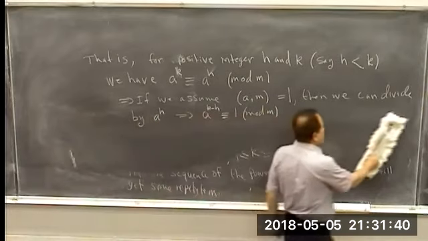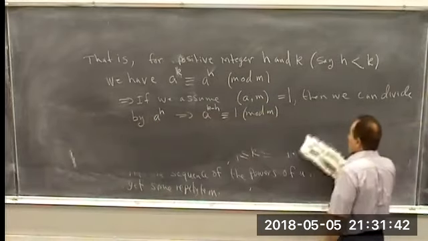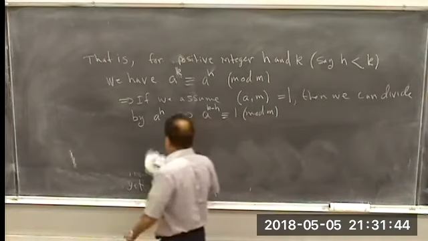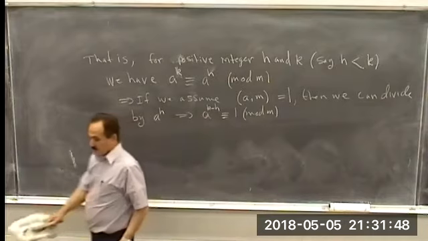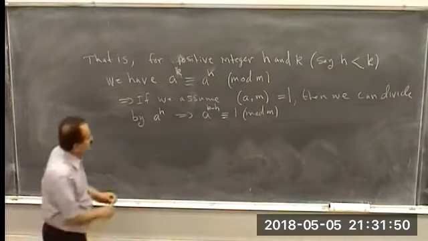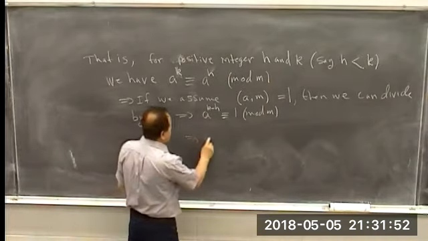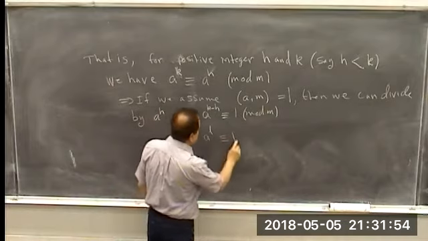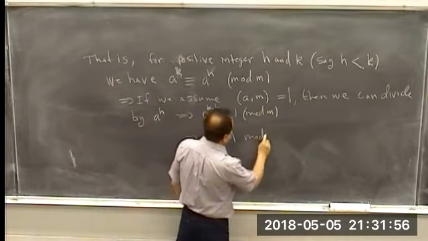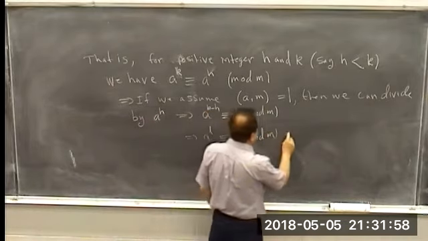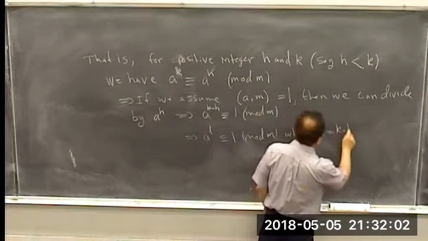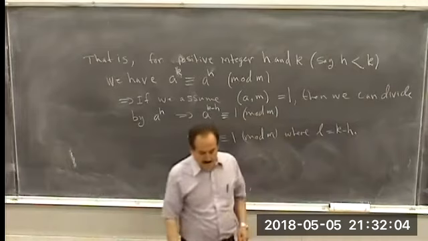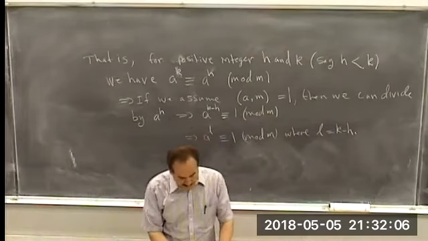If I call this integer k minus h by L, this implies that A to the L is congruent to 1 mod m, where L is equal to k minus h.